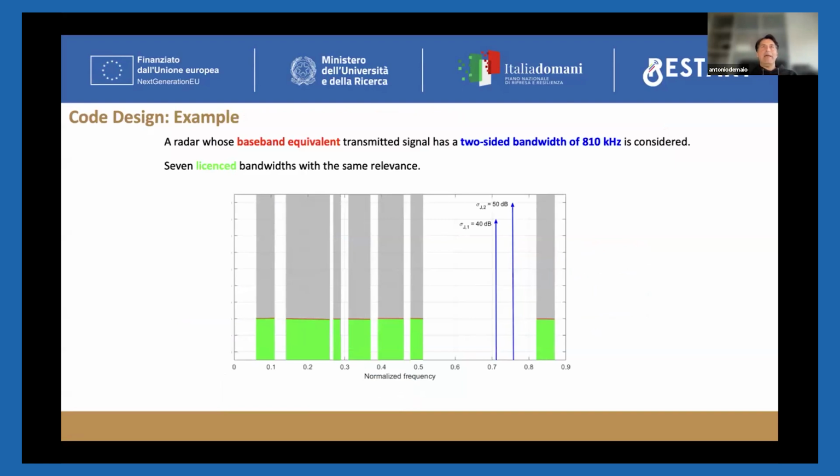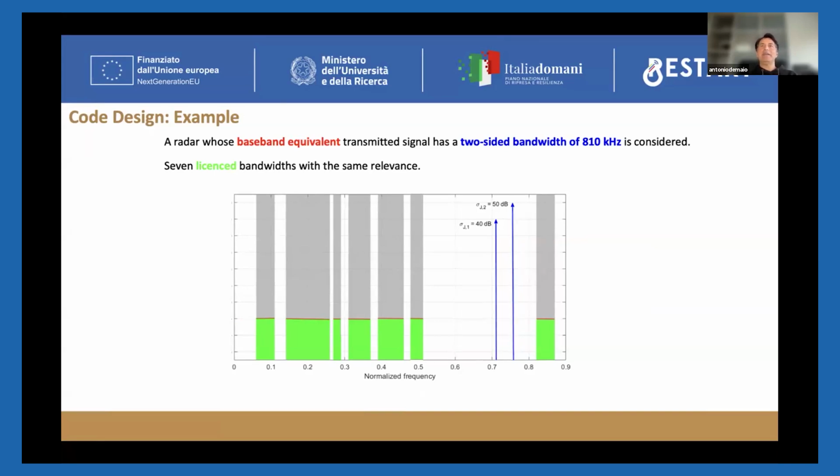It is now time to assess the performance of this waveform design strategy, in terms of detection capabilities, spectral shape, and also autocorrelation features. It is supposed that the radar system operates in the spectrally crowded environment which is shown in the figure of the slide.